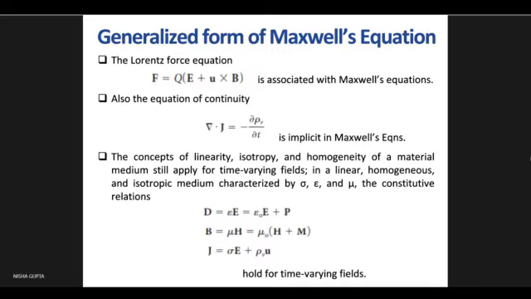We have found that two of the Maxwell's equations got changed for the time varying field. Similarly, we are trying to see whether the concept of linearity, isotropy and homogeneity of a material is valid for the time varying case or not, and we see that it is valid for the time varying case.